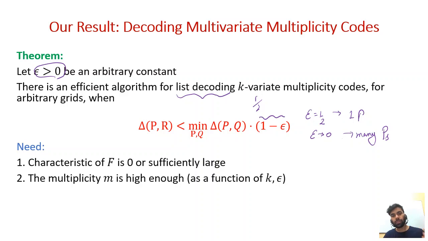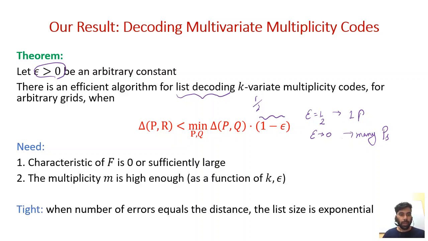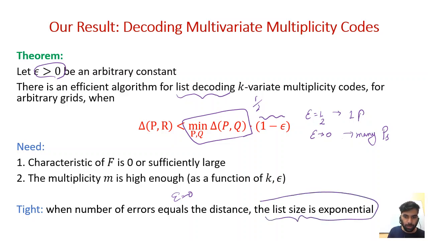But we have an efficient way of listing out all these p's, which in turn means that the number of such p's itself is small, which was not even clear combinatorially. And our result is tight in the sense that when you set epsilon equal to 0, that is, you ask us to tolerate as many errors as the distance between p and q, this list size, the number of candidate p's, will just shoot off. So there is no hope of getting a polytime algorithm.